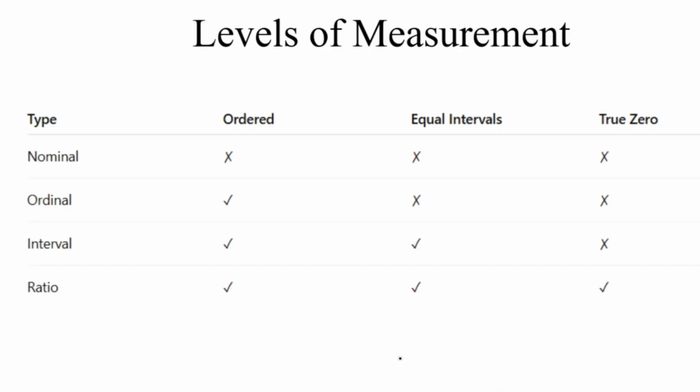And the next one is the ratio data. The ratio has order, it has equal interval, and it has true zero. The ratio data has true zero that allows you to compare data together by taking the ratio of it or by finding the difference between it.